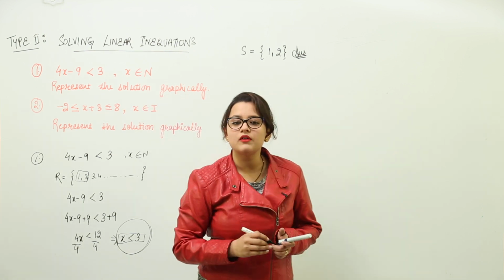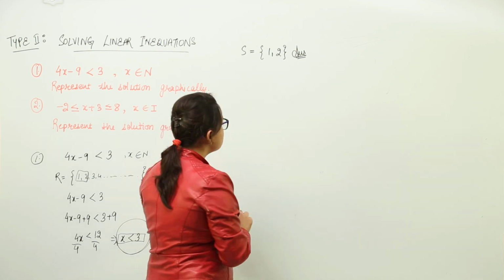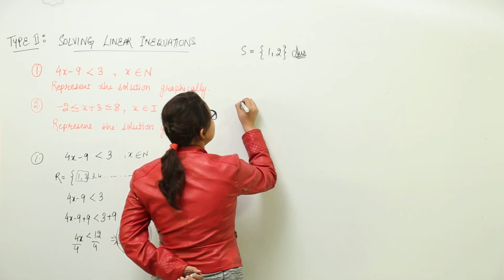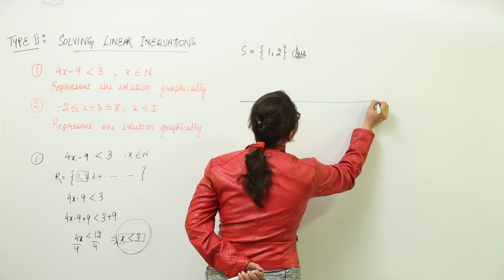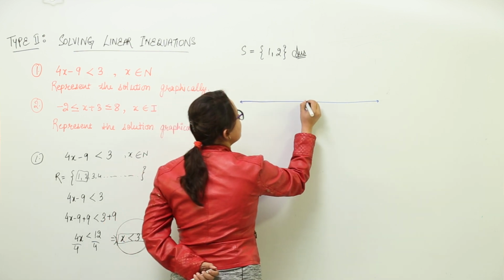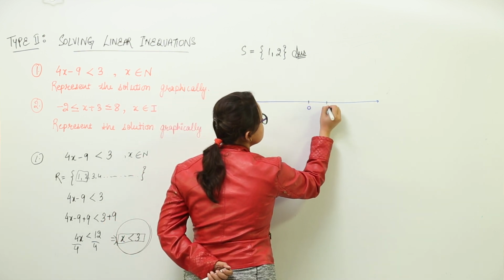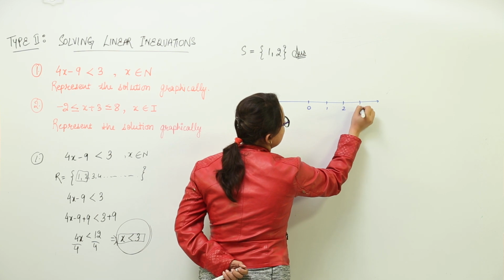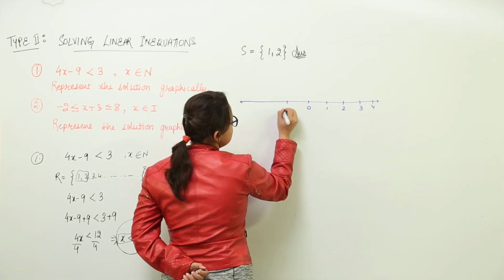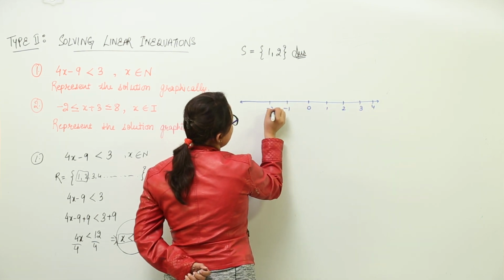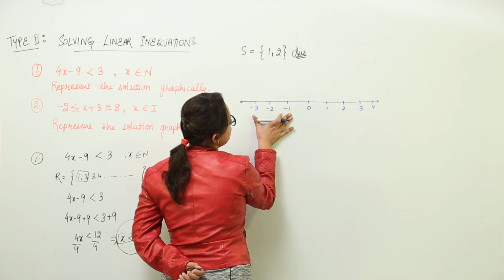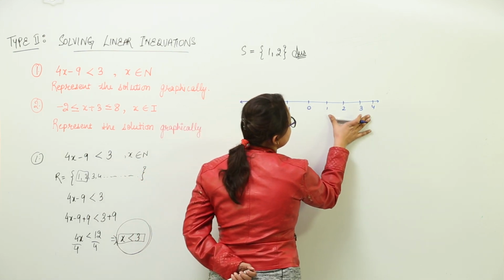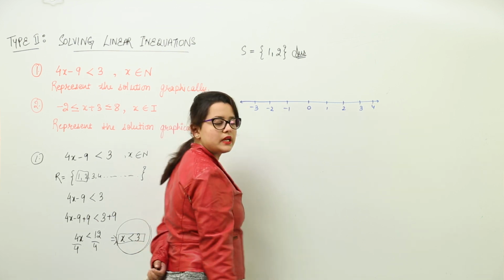How are graphical representations done? As we had discussed in another chapter, the graph includes a line you are familiar with, the x-axis, and you will have the negative integers on the left-hand side of 0 and the positive integers on the right-hand side.